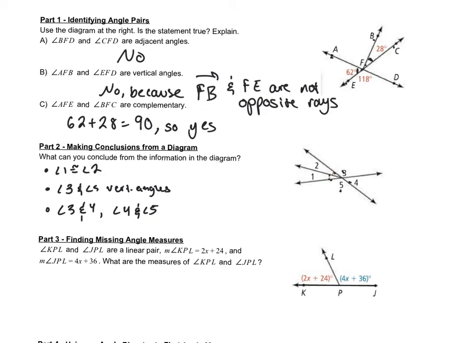Angles 3 and 4 make up a straight line, so their degree is 180, and angles 4 and 5 are also a straight line, so we could say that they are supplementary.